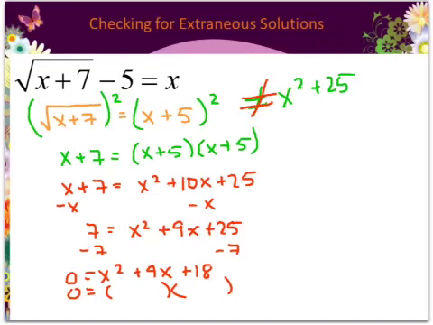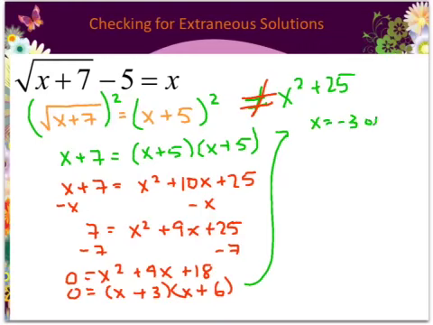Factors of 18 that add or subtract to give me 9. Well, that is 6 and 3. Both positive. So my possible x values now are going to be -3 or -6. So now we have to plug both of these back in to make sure they work.